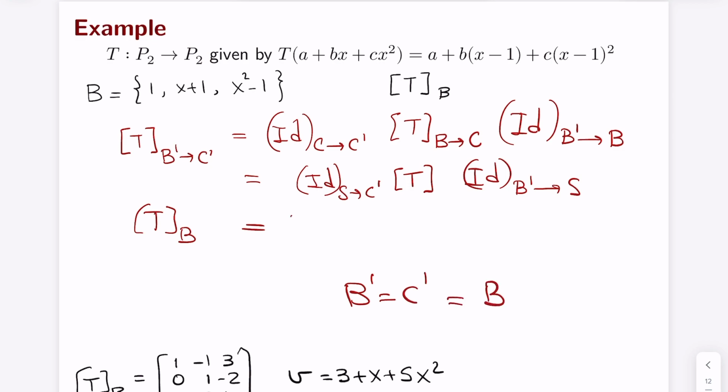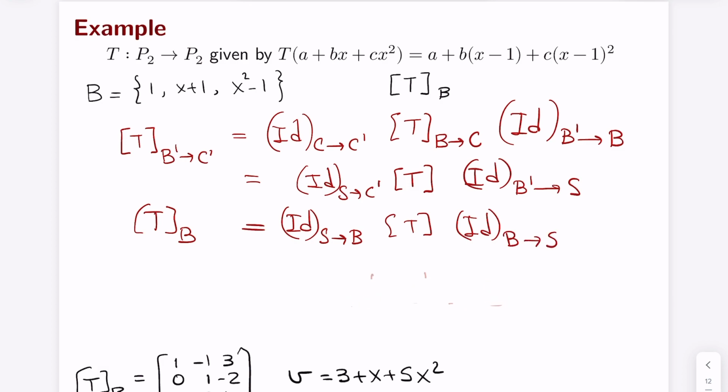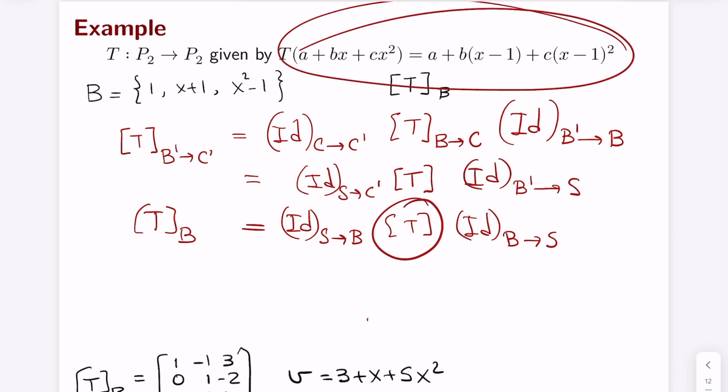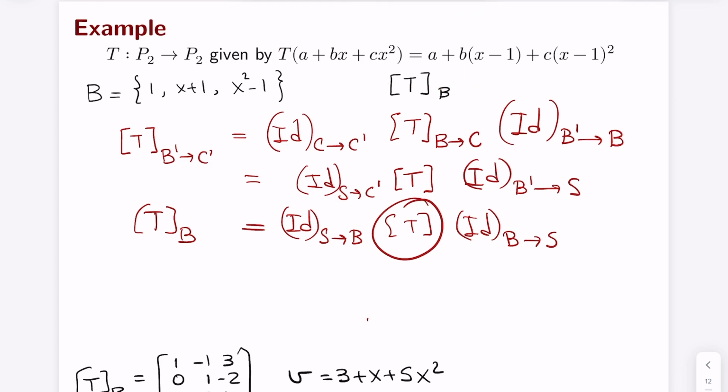And so then we will have here identity from S to B, T, and here we have identity from B to S. And so now we have here all easy matrices to calculate. This one is just calculating the standard bases and putting the transformation of the standard bases and write it as columns.